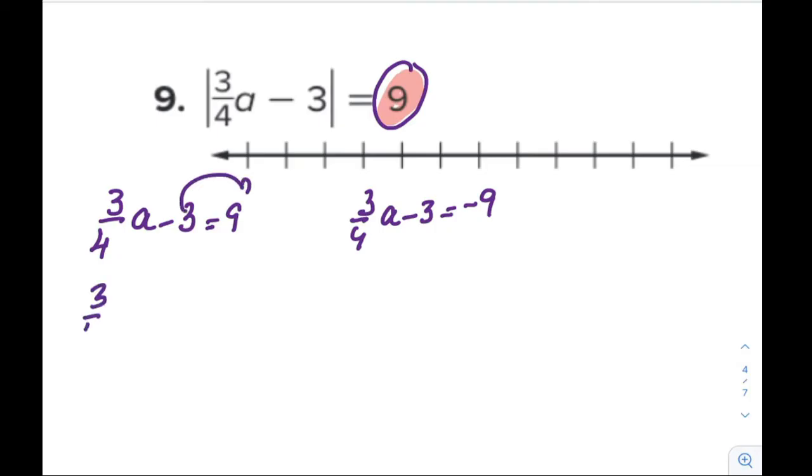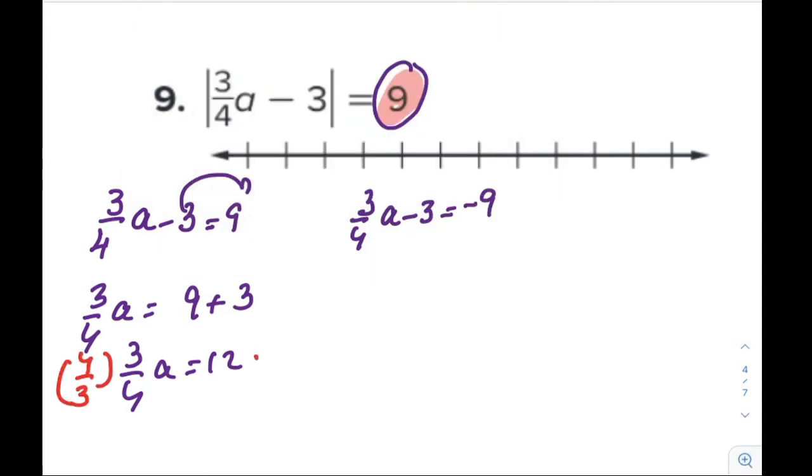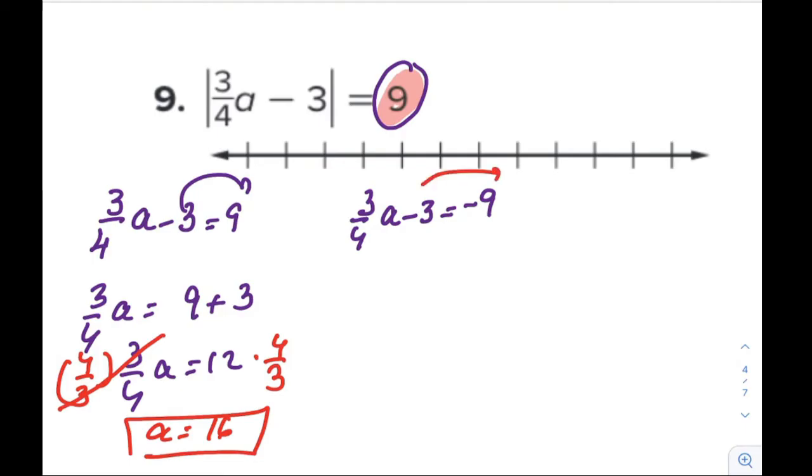And I will follow the procedure that we always know. And then we will multiply by the reciprocal on both sides. So you can solve with me. It will be 16. Take this to the other side, and let's continue.